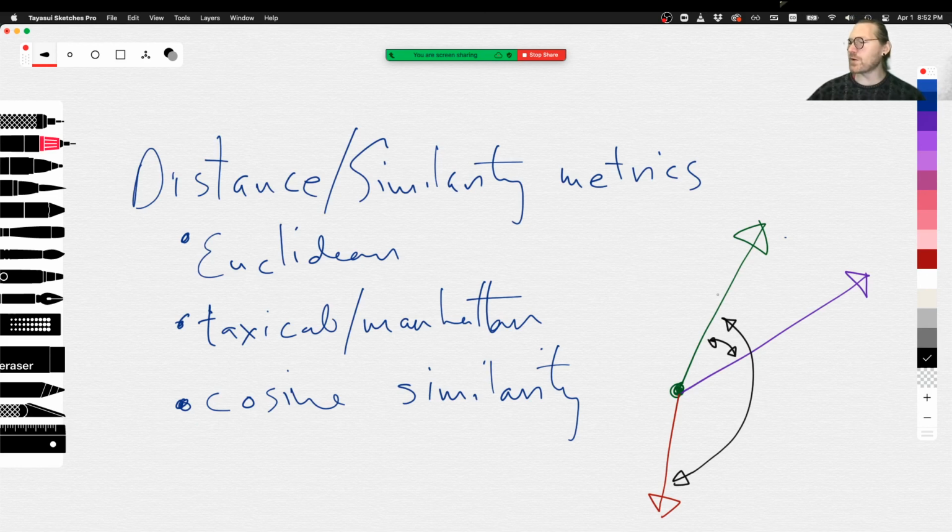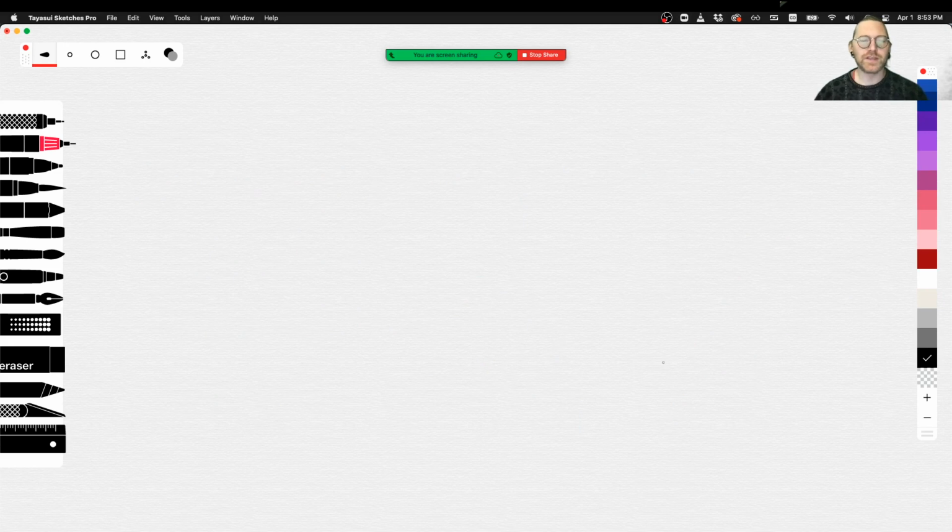And so the cosine similarity of this vector and this vector is higher than of this one with that one. So those are just three kinds of distances. There are a lot more. So when we're talking about this algorithm, KNN, we're actually just going to use Euclidean distance because we have fairly simple measurements.